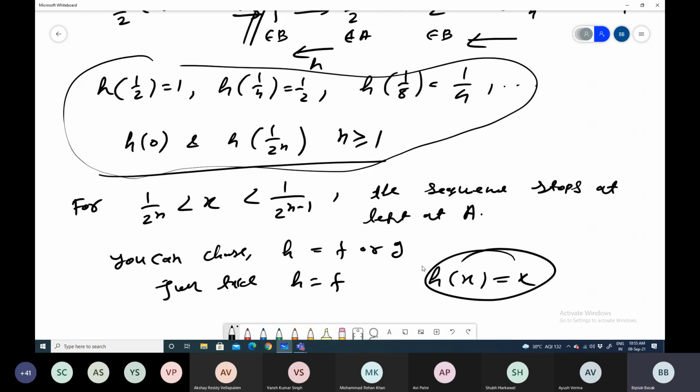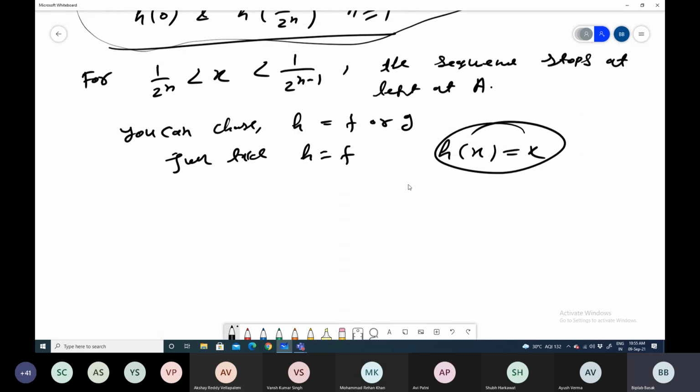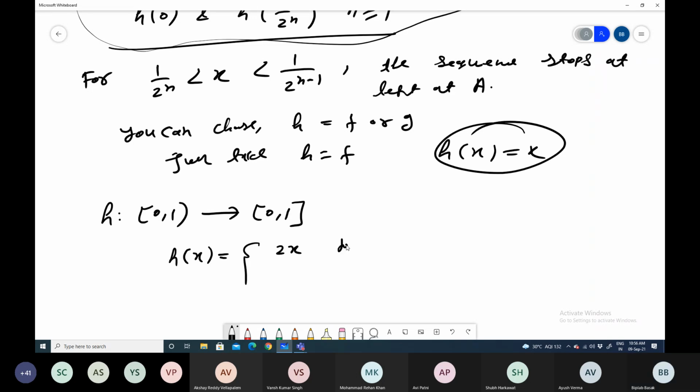Okay. So what is your final bijection? H from 0 1 to 0 1. That bijection will be H of X will be 2x for x equal to 0, 1 by 2, 1 by 4 and so on, and x otherwise.